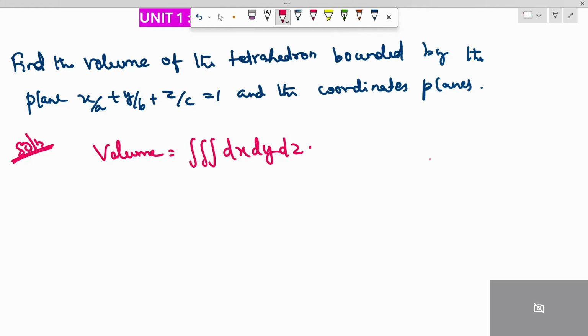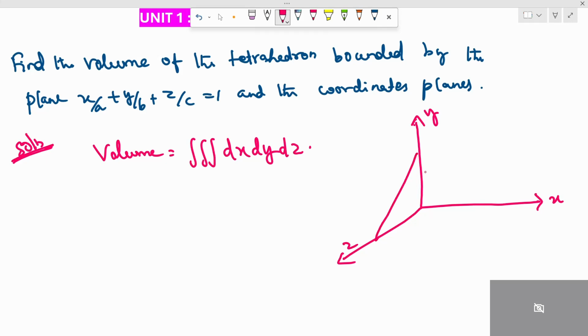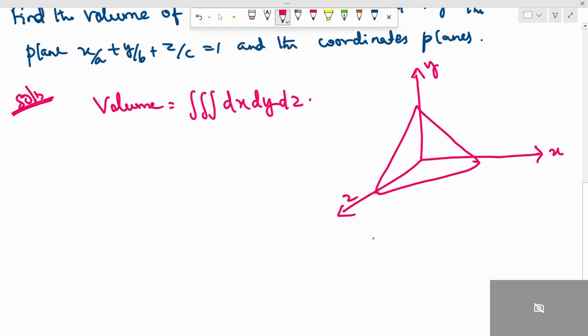Now first we are going to draw the diagram for this tetrahedron. Okay, this is the tetrahedron diagram.